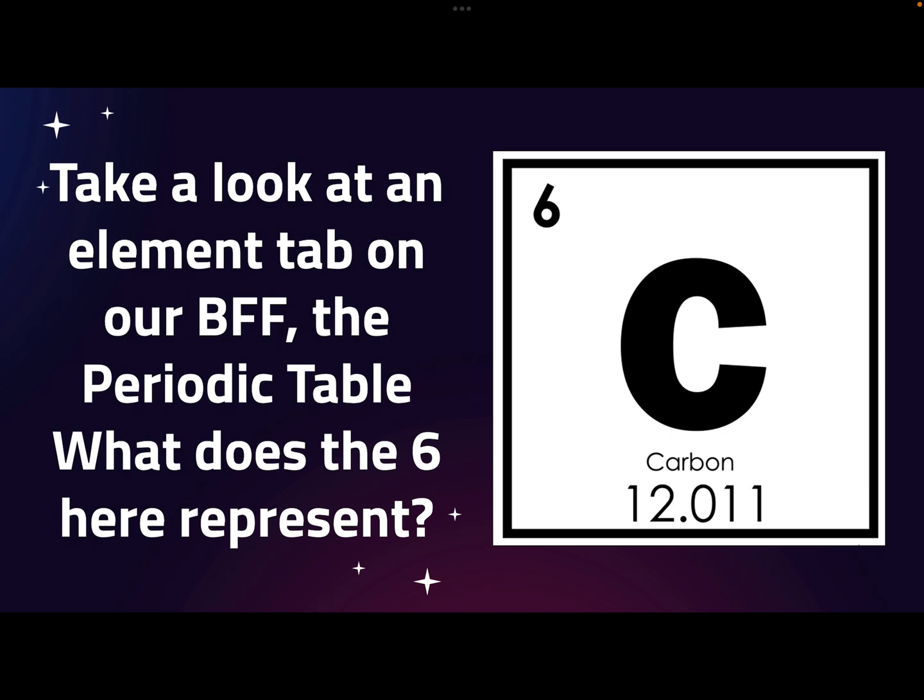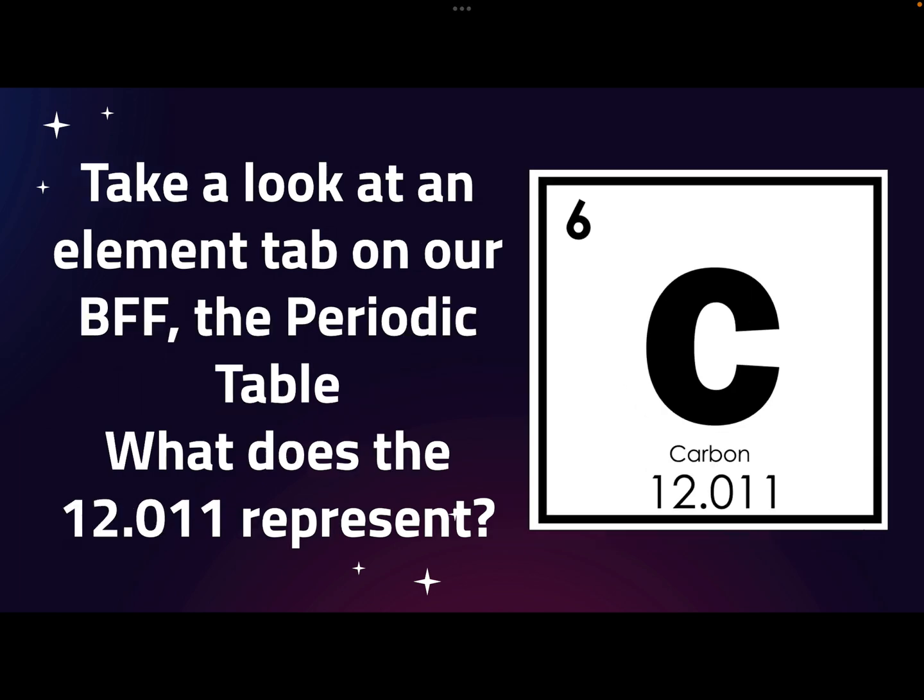So what about that 12.011 number? Well, we've previously learned that that 12.011 number represents the average atomic mass. So what that means is there's a lot of different isotopes, or a lot of different versions of carbon atoms, where every carbon atom has 6 protons but different numbers of neutrons, therefore making the masses of all of those isotopes different.